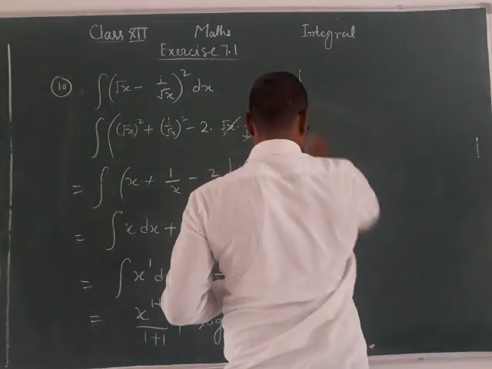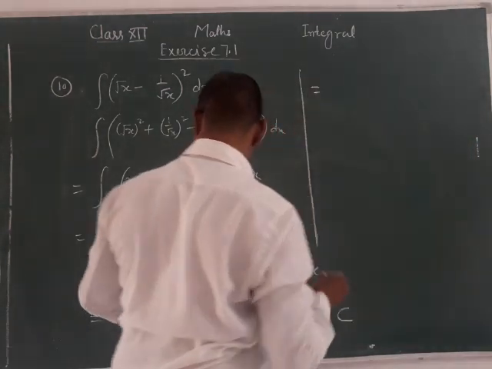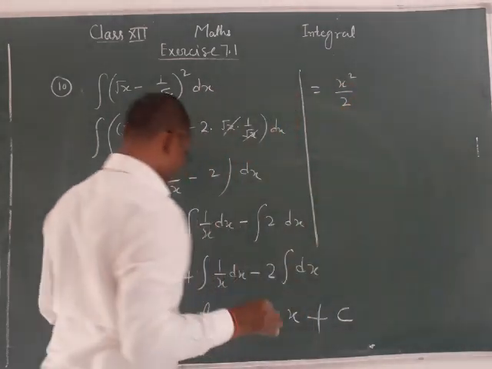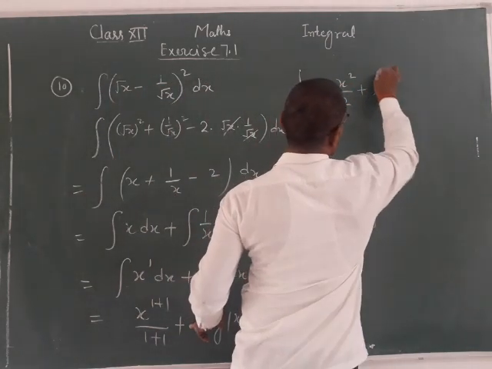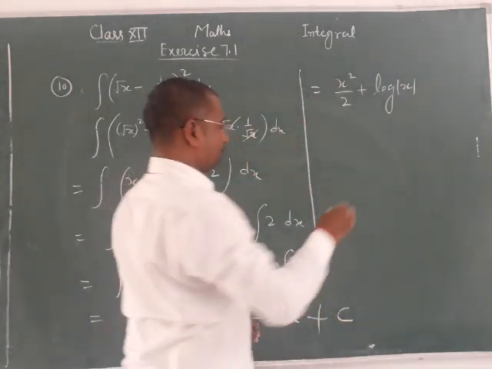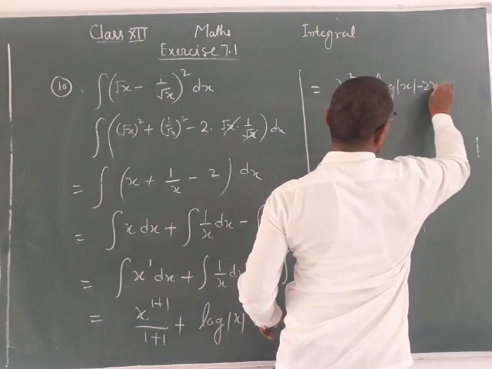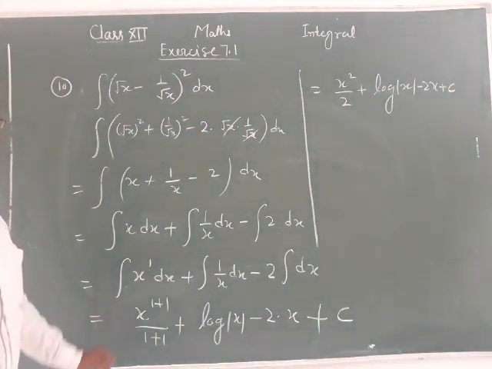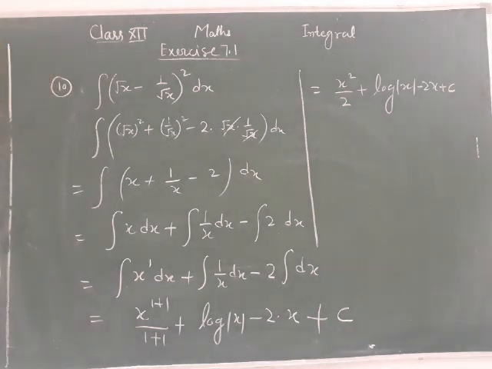And this solution is x^2 upon 2 plus log x minus 2x plus c. This is the answer of the given question.